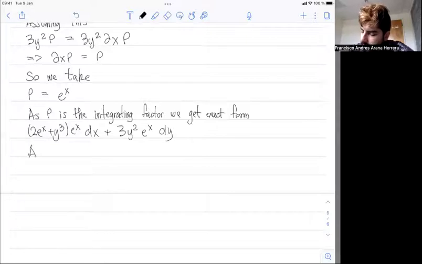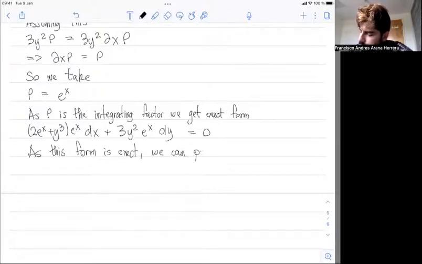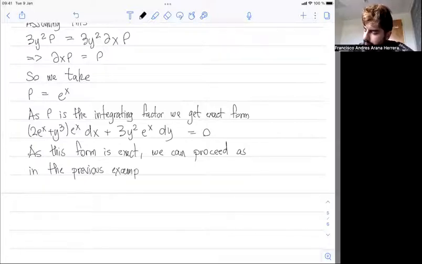As this form is exact, we can proceed as before, as in the previous example. So let's do it once more, just as practice.